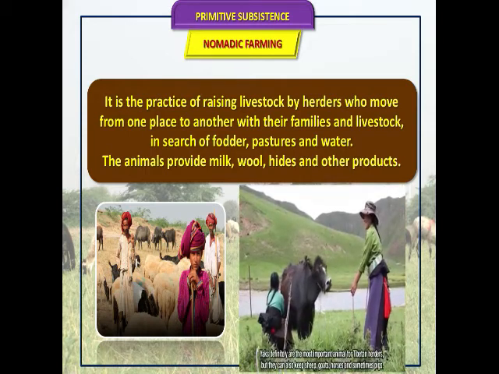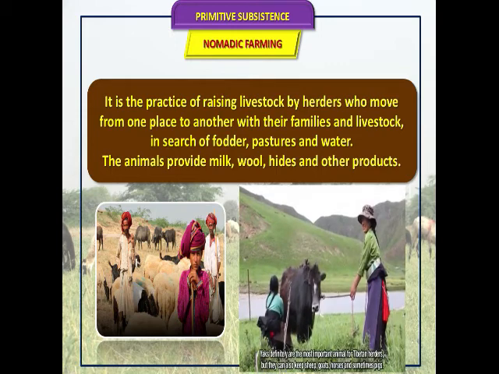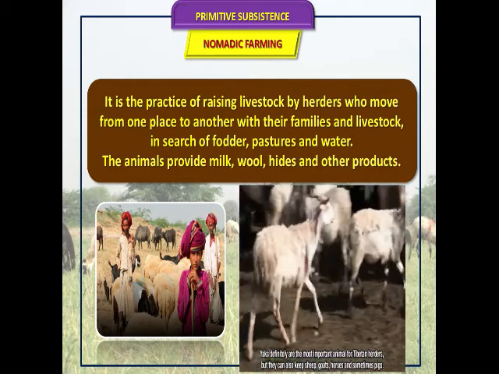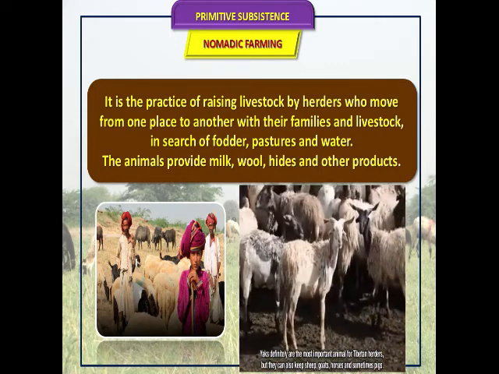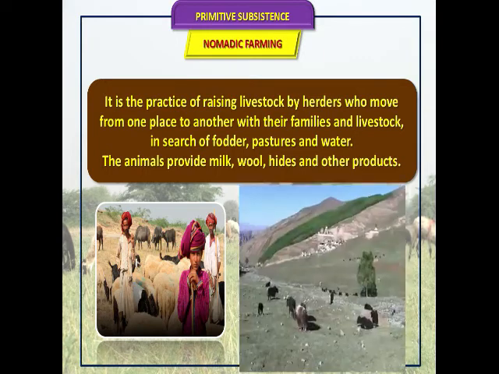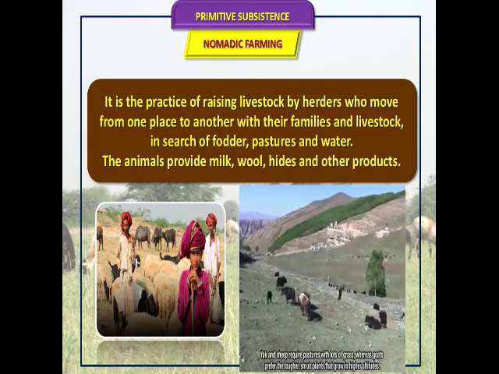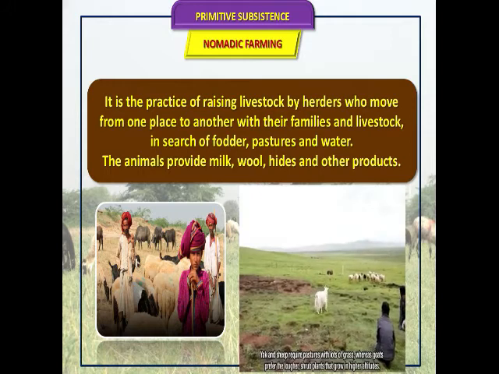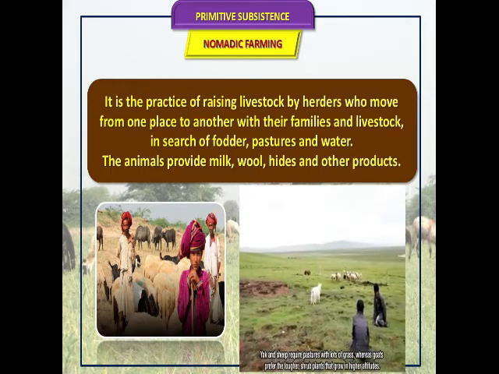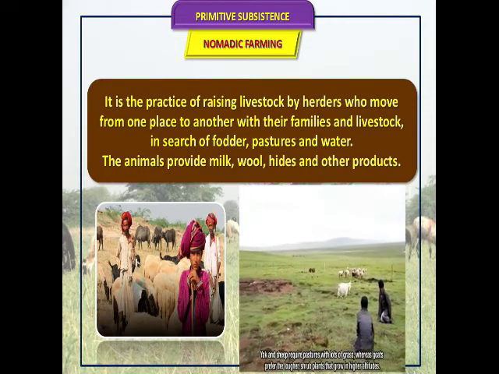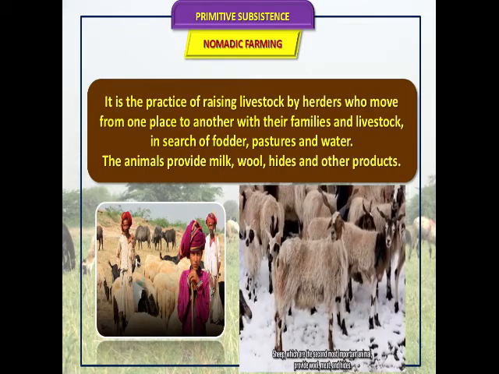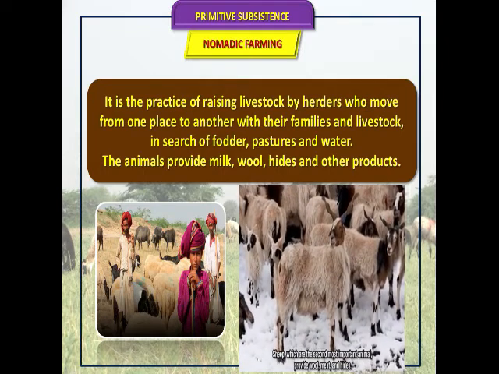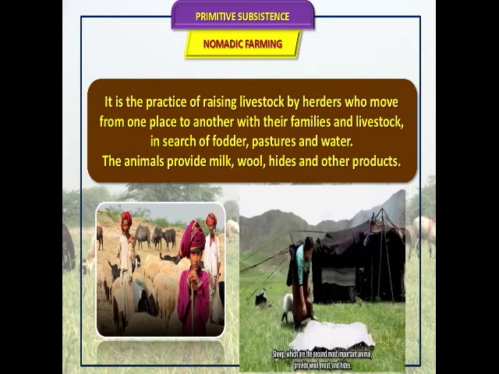Yaks definitely are the most important for Tibetan herders, but they can also keep sheep, goats, horses, and sometimes pigs. Yak and sheep require pastures with lots of grass, whereas goats prefer the temperate shrub plants that grow in higher altitudes. Sheep, which are the second most important animal, provide wool, meat, and hides.